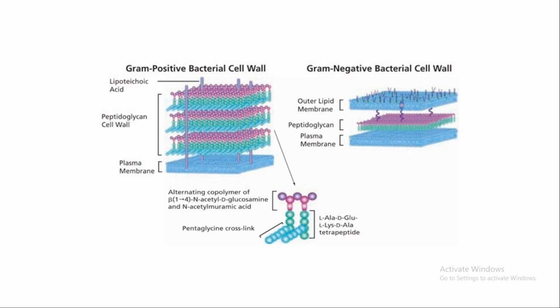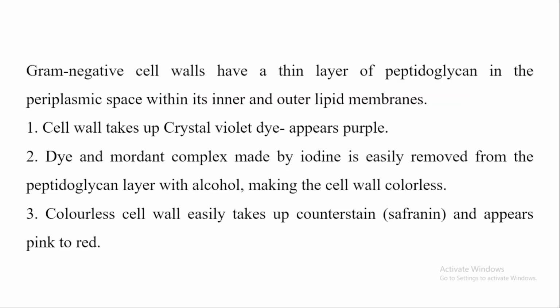Then the dye and the mordant complex made by iodine, I told you iodine solution is added to make a complex, and it is easily removed from the peptidoglycan layer with alcohol, because the peptidoglycan layer is thin in case of gram negative bacteria. So, it makes the cell wall colorless. The colorless cell wall then takes up the counterstain, that is safranin, and appears pink to red. So, safranin is generally pink, dark pink in color. So, they stain the cells that color.